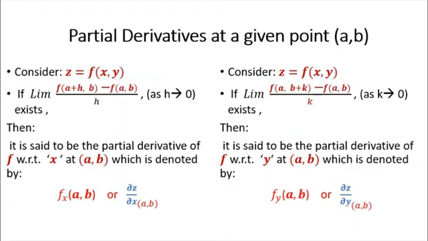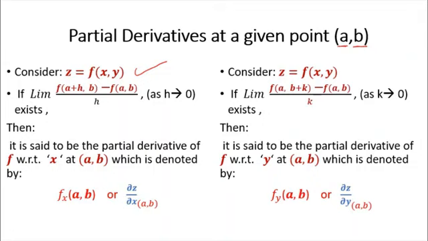So the same concept. Consider a function z equals f of x comma y, and at a point (a, b) I am measuring the partial derivative. In place of x I will write a, in place of y I will write b, and the definition is the same.